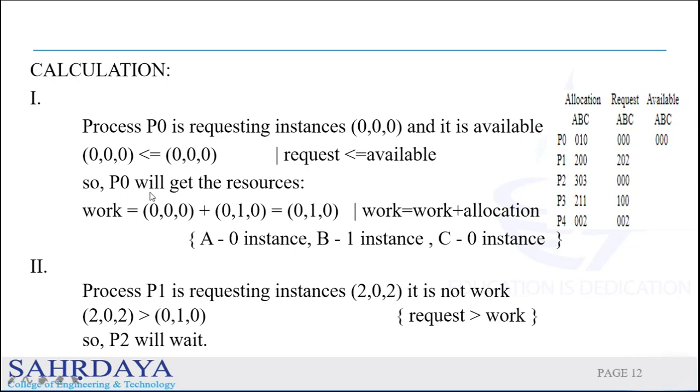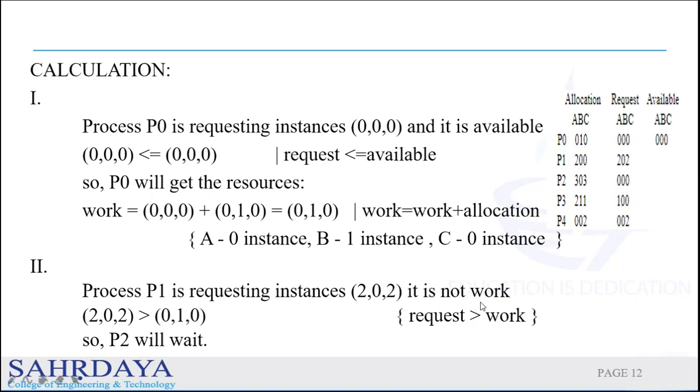Therefore, P0 will get the resources as work equals work plus allocation. Therefore, work equals 000 plus 010 equals 010. Therefore, work equals 010.